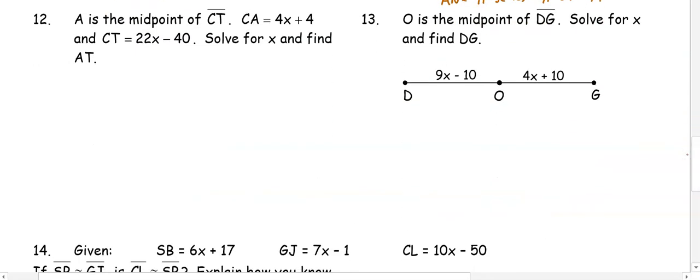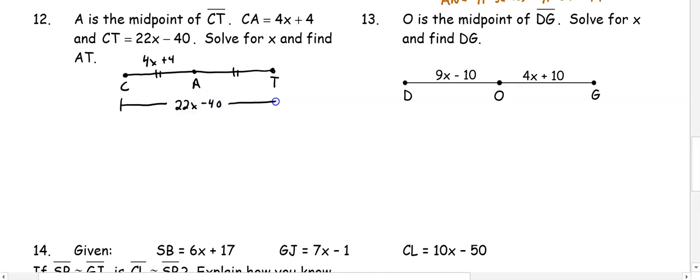In number 12, A is the midpoint of CT. So this time, that means A is going to be in the center of our line and bisecting it into 2 congruent parts. We know that CA is 4x plus 4 and CT is 22x minus 40.